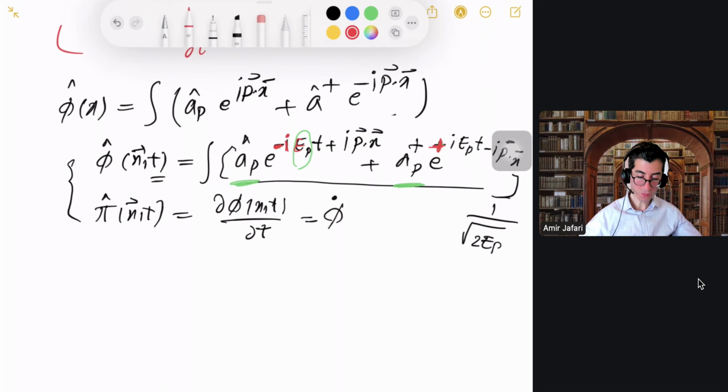And we want a Klein-Gordon solution which reduces to this form in the non-relativistic case.